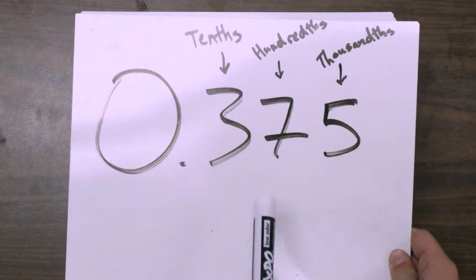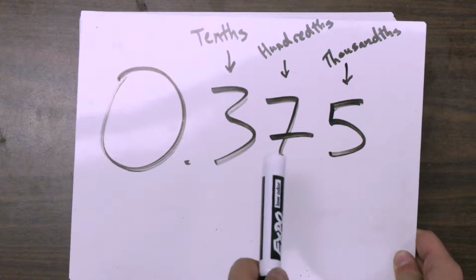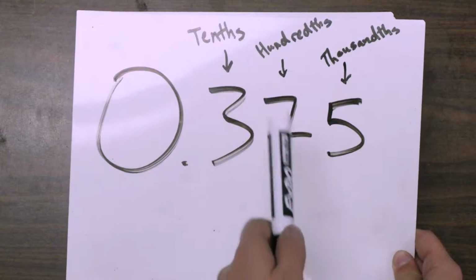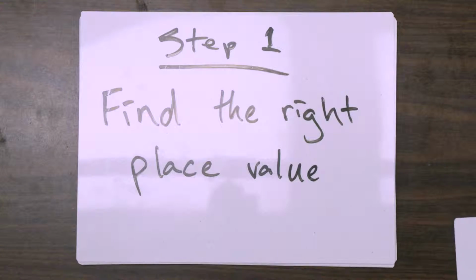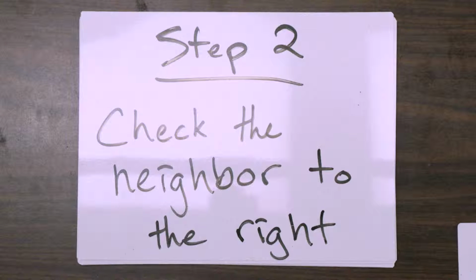Well, there it is. I have it labeled here. It's 2 spaces after the decimal. All right, so I got a 7 in my hundredths place. Cool, we found the right place value. The next step is I got to check the neighbor to the right of the place value that I'm looking at.